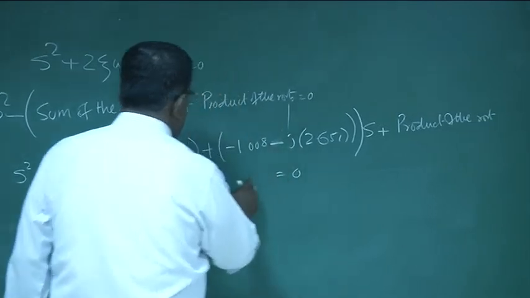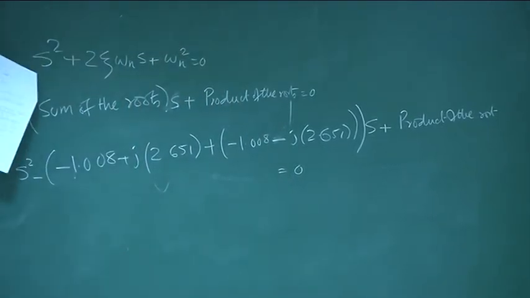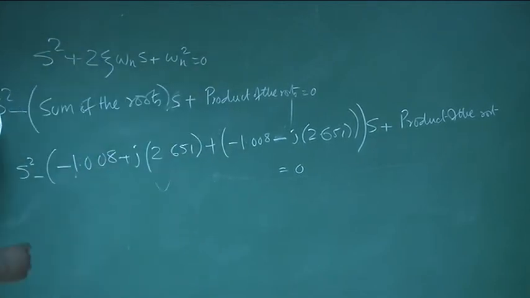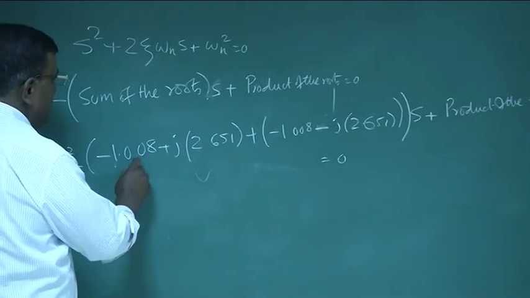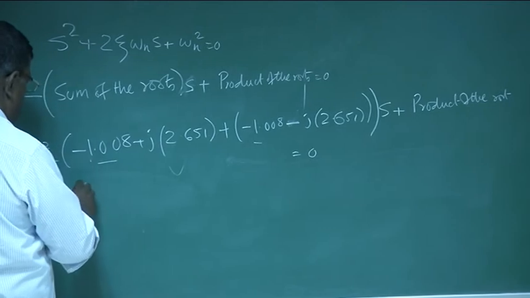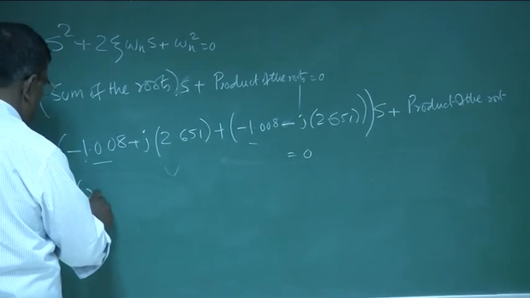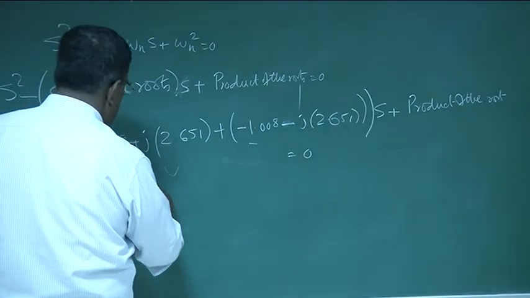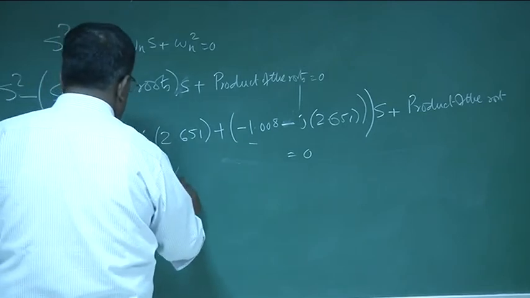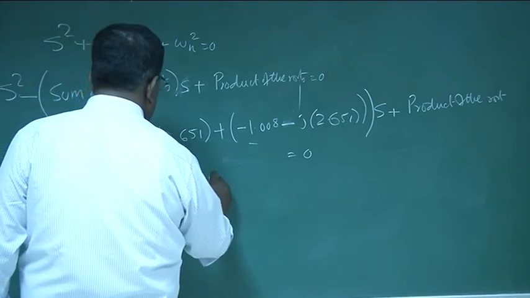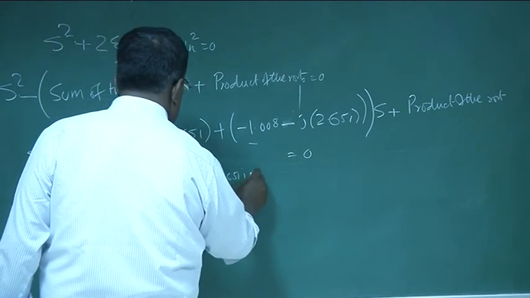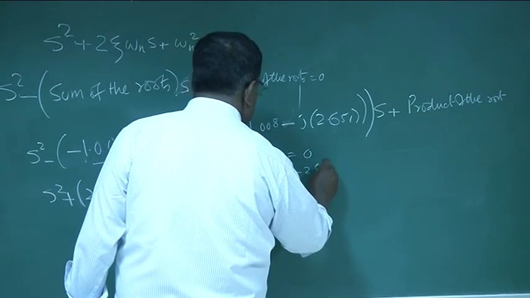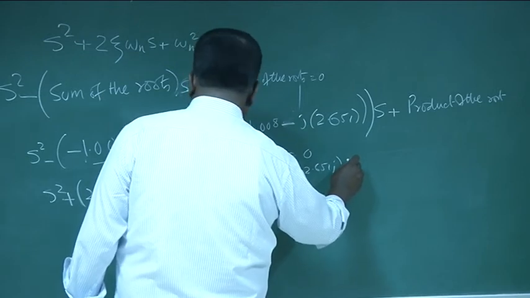If you do it like this, you will get the equation in this form: s square minus sum of the roots into s plus product of the roots. The sum becomes plus 2 into 1.008, into s, plus the product of the roots, minus 1.008 plus 2.651j into minus 1.008 minus 2.651j, equal to 0.